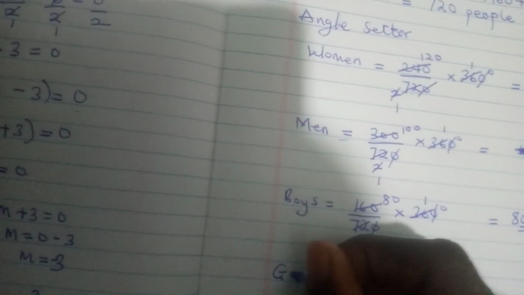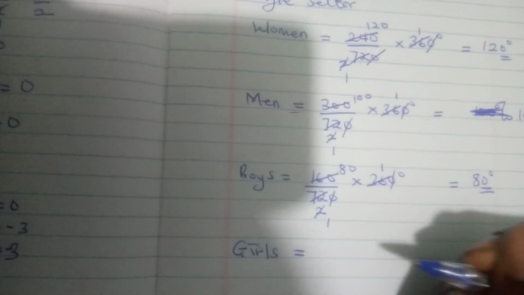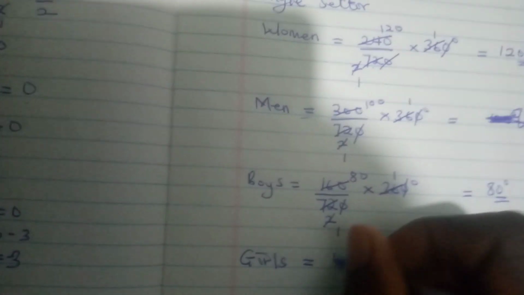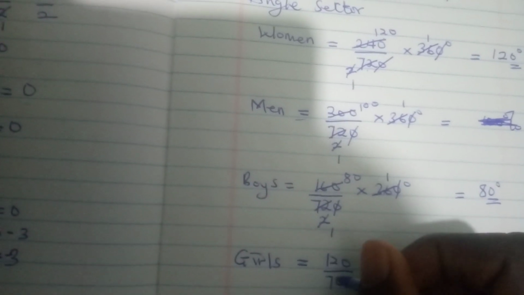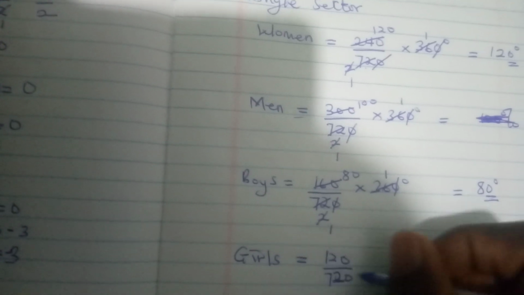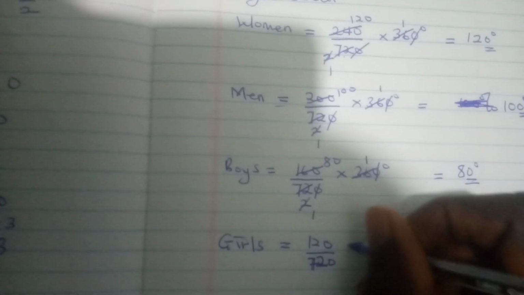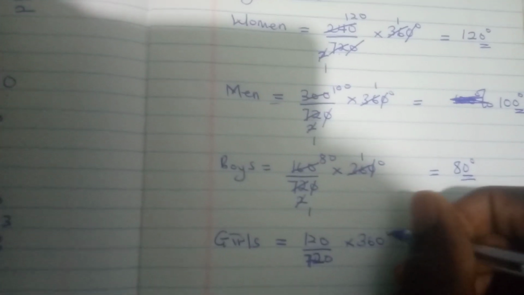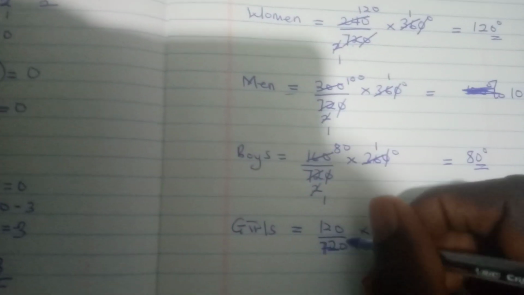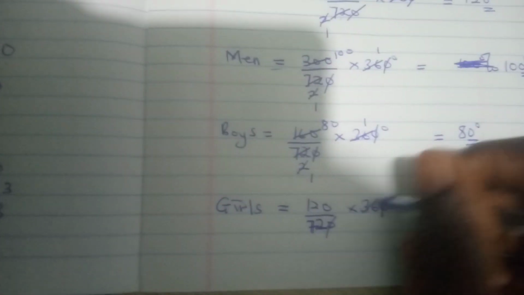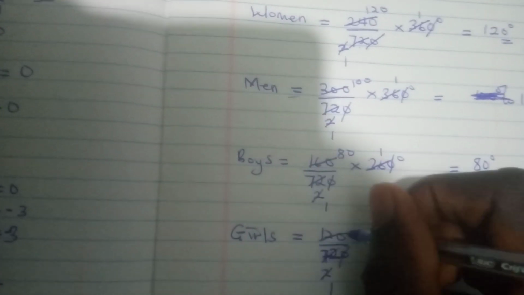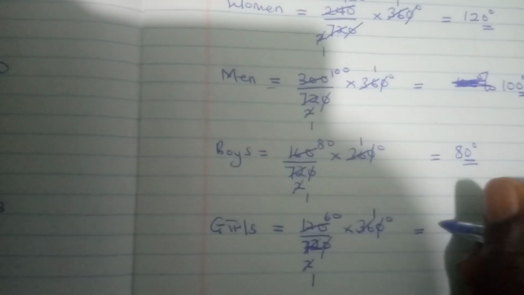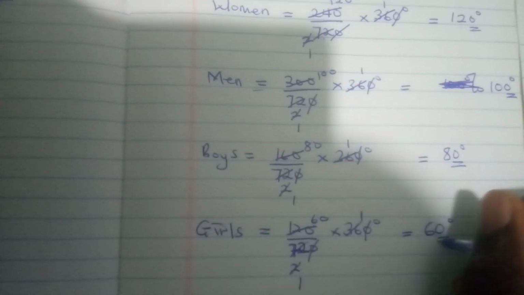Then we go for girls. The girls is number of girls 120 over the total people 720 times the total angle of a circle. So 0 will cancel 0, 36 here 1, 36 here 2, 2 here 1, 2 here 60. This is giving you 60 degrees.